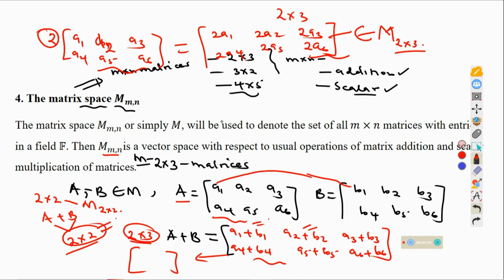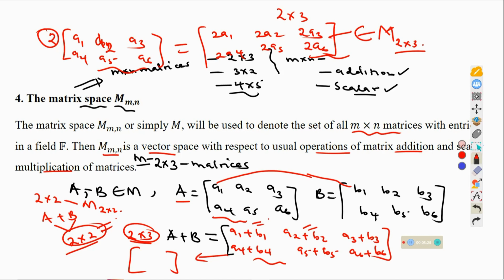So when we have matrices of, for example, this order m by n, then we can easily say that M, which is a matrix space of such matrices, will form a vector space under the usual operations of matrix addition and scalar multiplication of matrices.